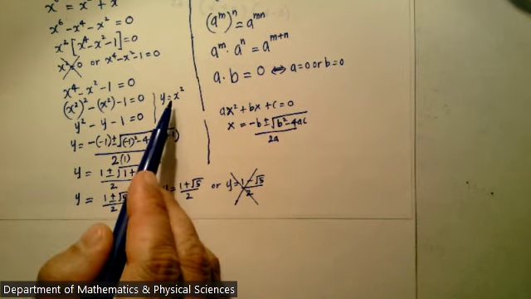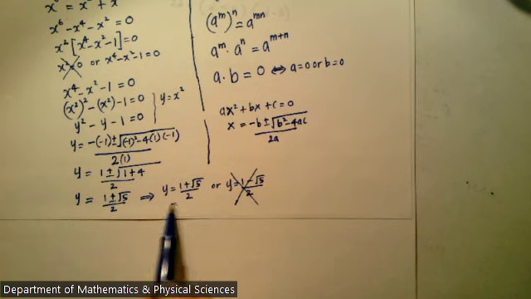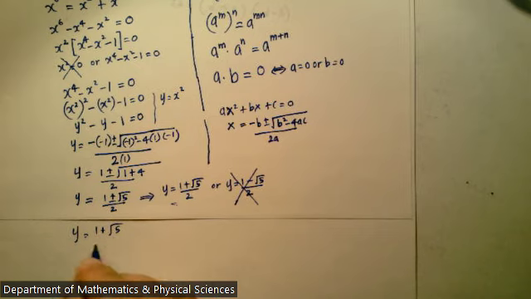What we need is to find x. And we know y, in terms of x, is x squared. So let's use that relation that we have. y is equal to 1 plus square root of 5 divided by 2, and y we know is x squared. So x squared should be equal to 1 plus square root of 5 over 2.